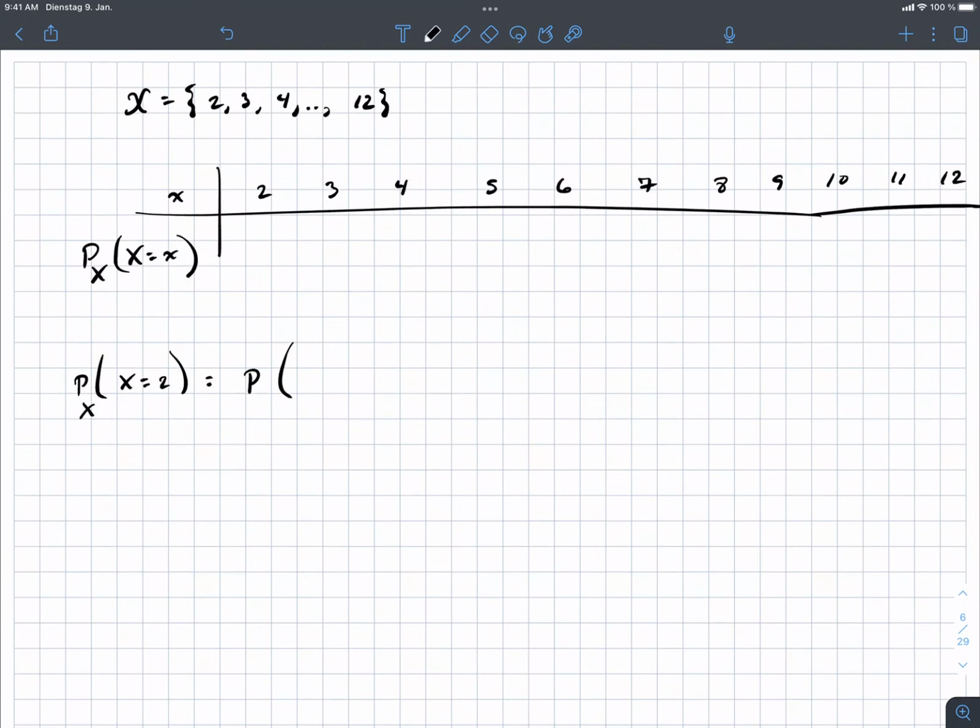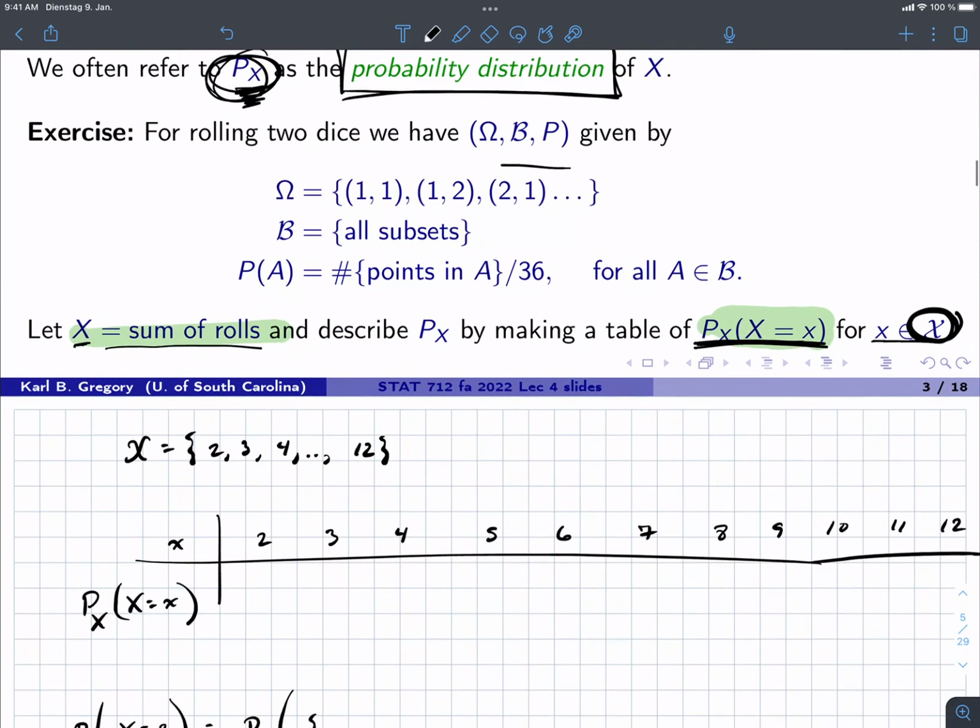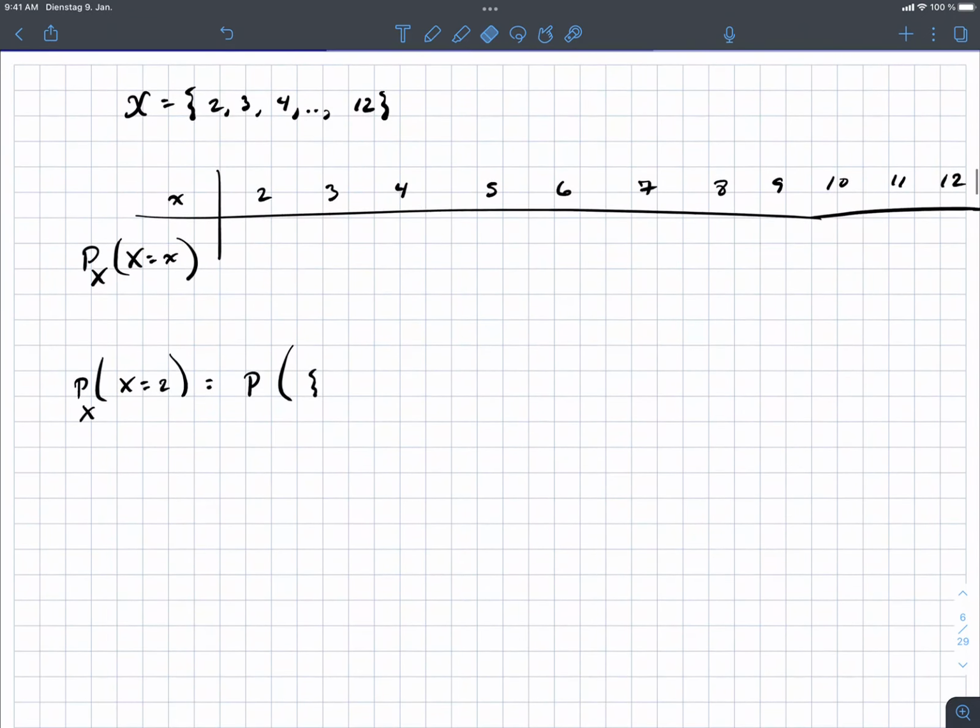So now I've got to list the outcomes in the sample space which give me x equal to 2, and that is just going to be, I have to roll a 1 and a 1. And the probability of rolling a 1 and a 1 is 1 out of 36.